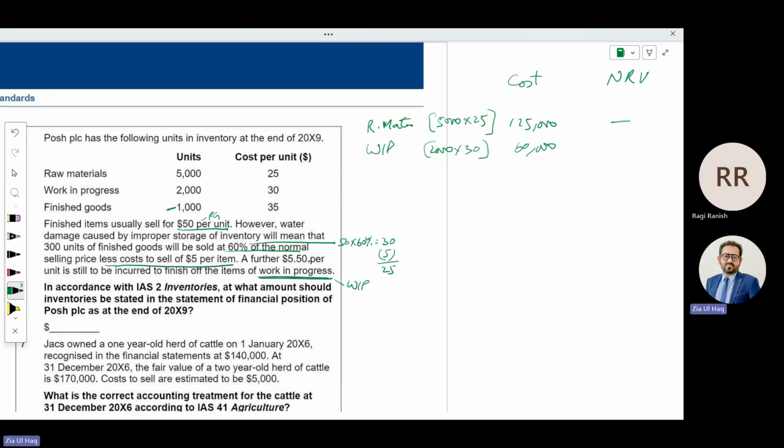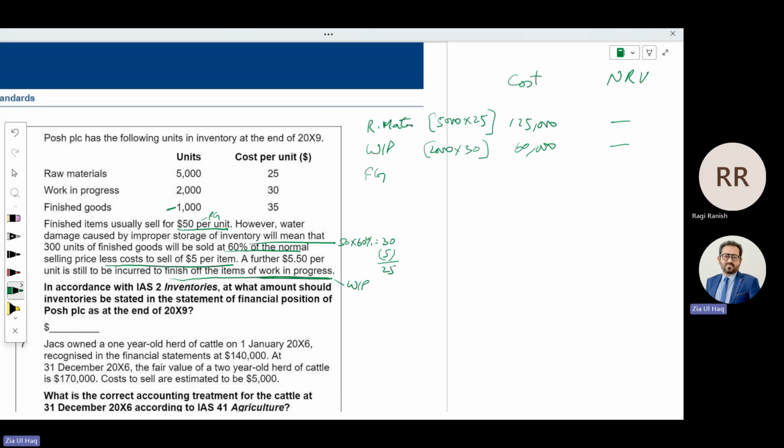Because he's saying a further 5.50 per unit is still to be incurred to finish off the item of work in progress. Meaning they require further cost if you want to sell it. But we can ignore, we cannot calculate NRV. Now we talk about finished goods.